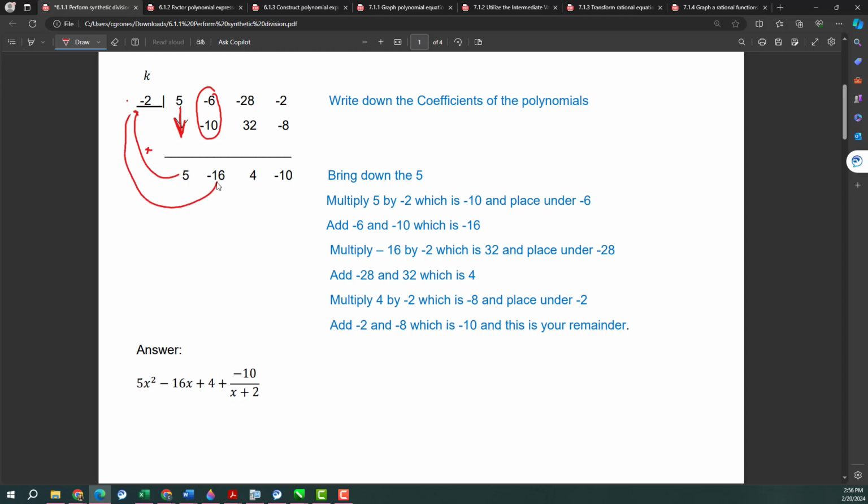You are now going to multiply that by -2, and we get positive 32. Positive 32 and -28, we get positive 4. Positive 4 times that -2, and we end up with -8. -8 and -2 gives us -10. This is our remainder.